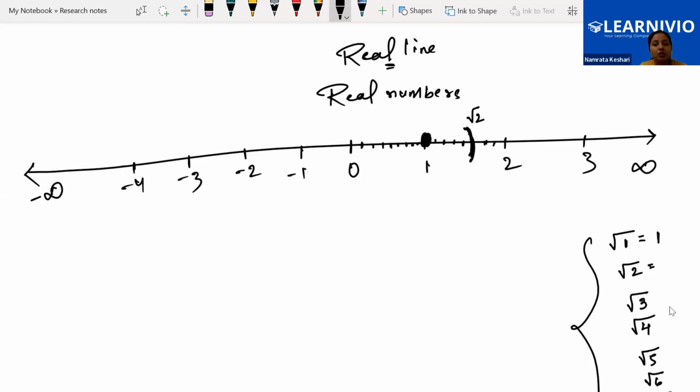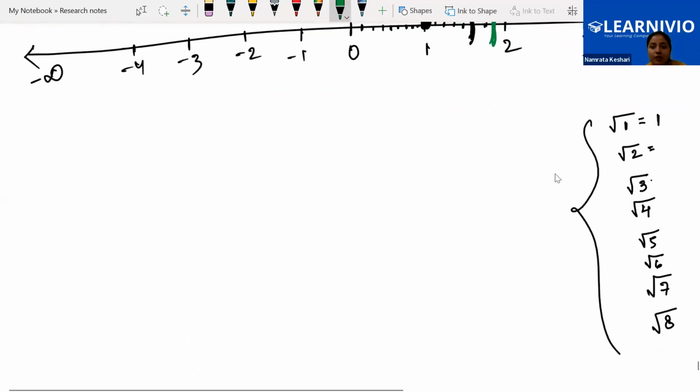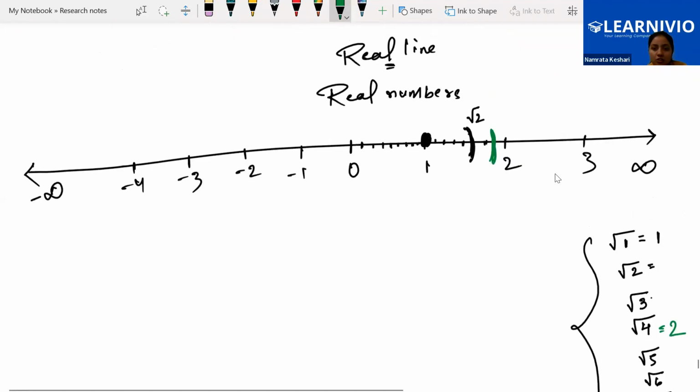Root 3 is again in between. If you measure with a compass and make an arc from 0, you will get root 3 lying here. What about root 4? Root 4 is nothing but 2, so this is the location of 2.